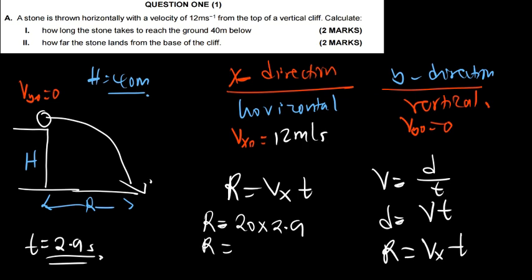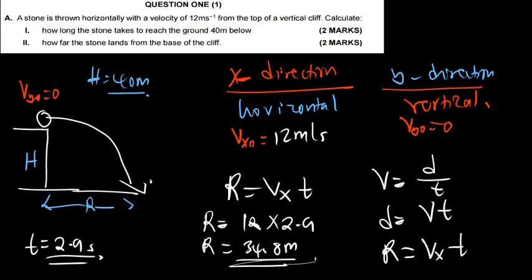So it is 12. Even here I'm supposed to replace it with 12 times 2.9. So 12 times 2.9, 34.8. So 34.8 is my range. That's the basic idea behind case 1. These are the only things you need to know: how to find the height, the time, and the range. That's all.